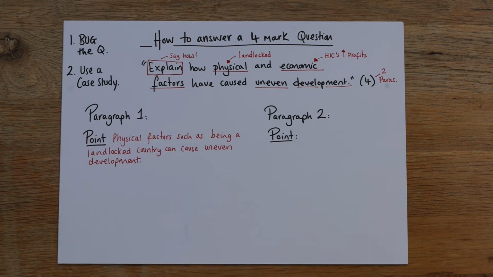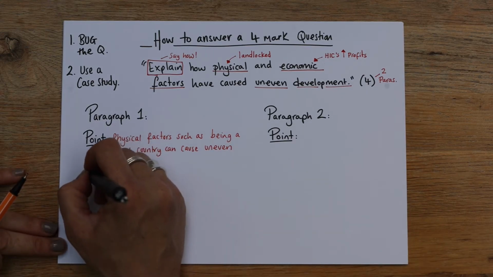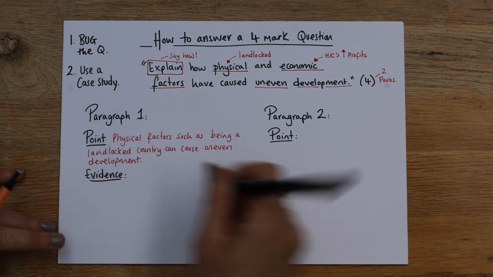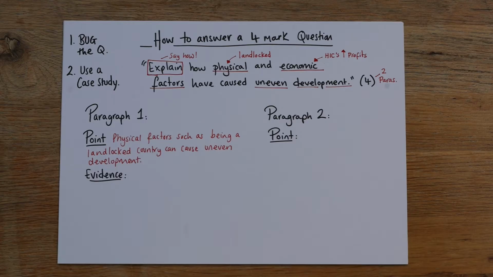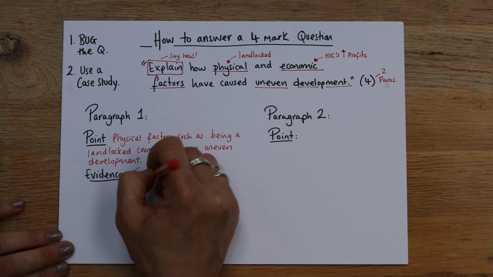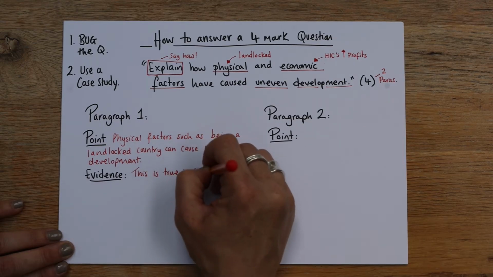Okay, so just by saying the word landlocked, you're going to get at least a mark from putting that in there. Now, we do need a little bit of an example, our evidence. Okay, we don't need much, probably only need to know one place that's landlocked. So we want to say this is true in Ethiopia, for example.